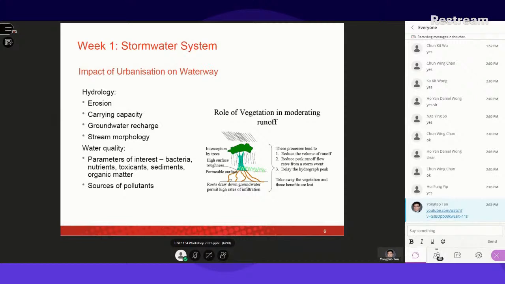Urbanization will change the hydrology of the post-development area, such as erosion, changing the current capacity, changing the groundwater recharge, and even changing the stream morphology.